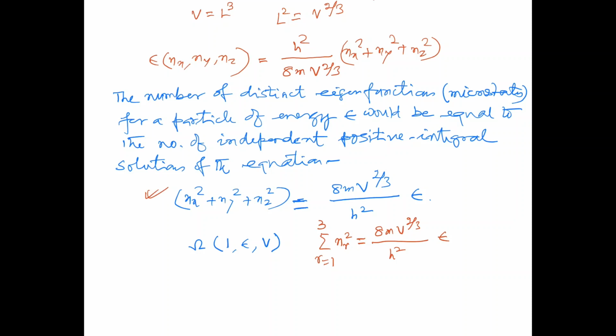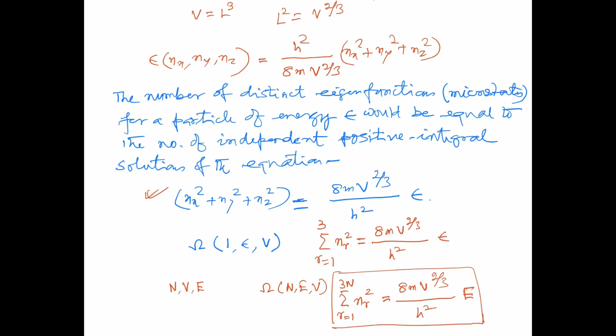If we extend this argument to a system with n particles within volume V and energy E, omega n E V can be written as the number of independent positive integral solutions to the equation sum of nr square over r from 1 to 3n, which is equal to 8m V to the power 2 by 3 divided by h square multiplied by E. So the total number of independent positive integral solutions of this equation will be equal to the number omega.